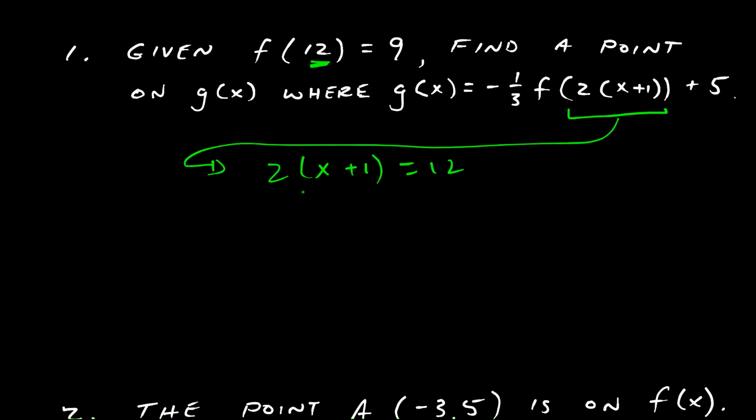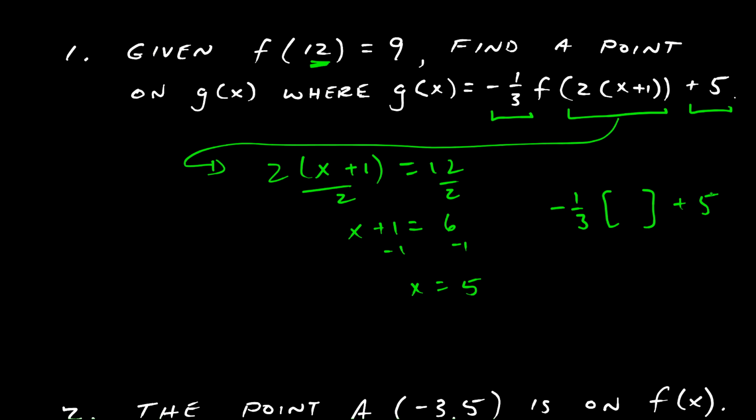So I could divide by 2 on both sides. We have x plus 1 equals 6, and then I subtract 1. So we know our new x value is going to be 5. Now our y value, we know that the y value was 9 for the input of 12. So we're just going to take the outside pieces, the negative 1/3 plus 5, and do negative 1/3 times our y value, and add 5.